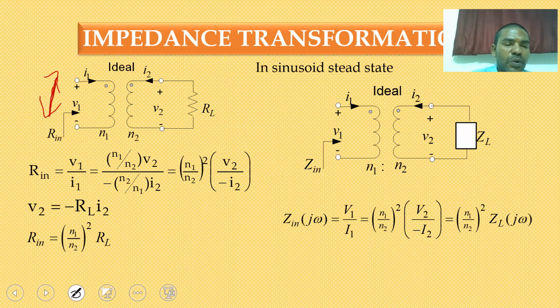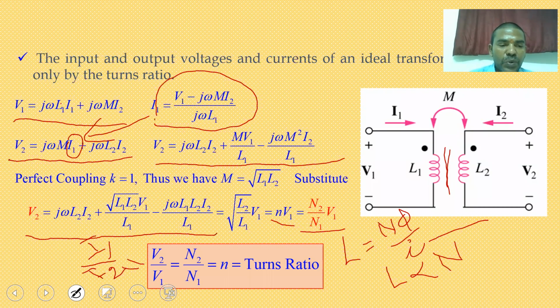V1 is N1 by N2 into V2, since we just calculated V2 is N2 by N1 into V1.